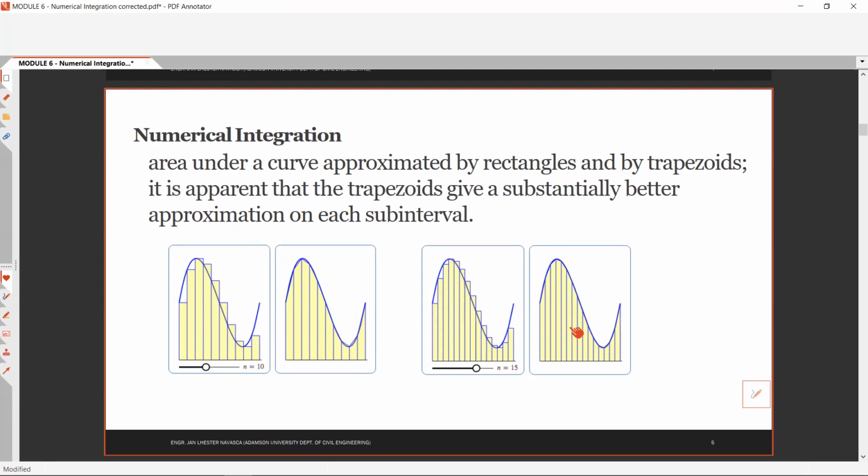So, in conclusion, if we increase the number of segments or number of interval or subinterval, mas malapit tayo sa katotohanan. Okay? Yields to more accurate areas, okay, under the curve. And also, the trapezoidal area assumption is much better than the rectangular area assumption.